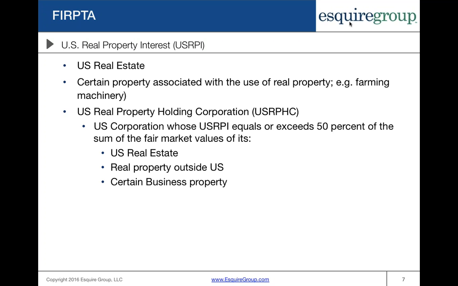So if someone, let's say a foreign person, owned shares in a U.S. company, and all it did was own, let's say, an apartment building, and that foreign person wanted to sell the shares of that U.S. company, FIRPTA would apply to the sale of those shares just as it would to the sale of real estate by a foreign person. So that's the important thing to note: FIRPTA can also apply to the sale of shares of a U.S. real property holding corporation. It's not just real estate itself.